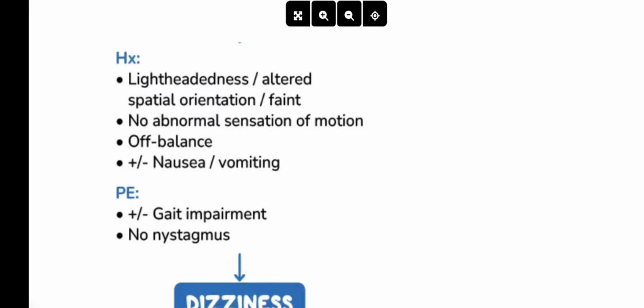The patient has off balance, may be nauseous or vomiting, may or may not have gait impairment, but no nystagmus.